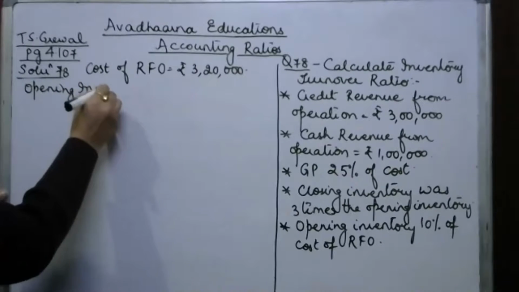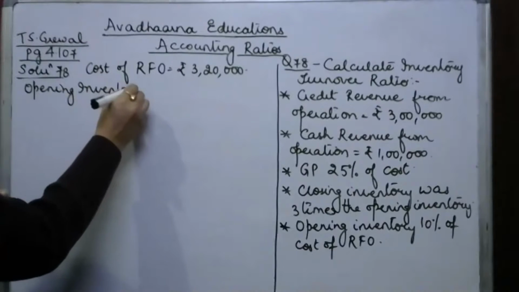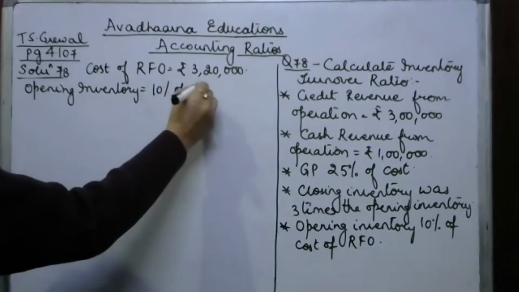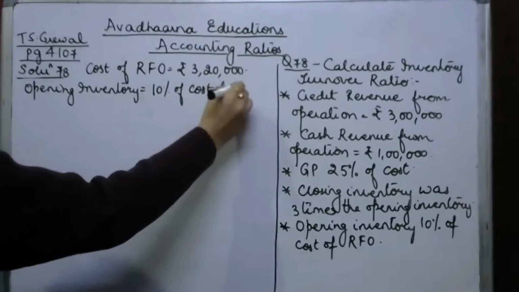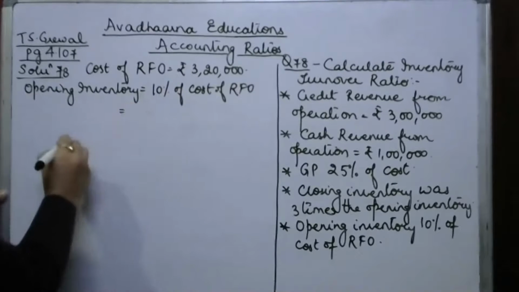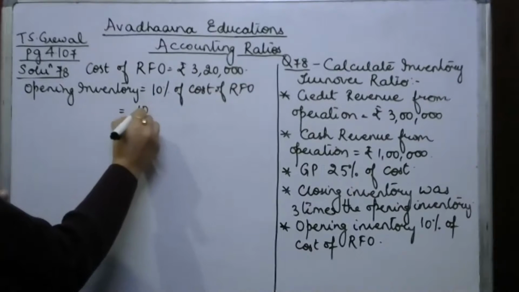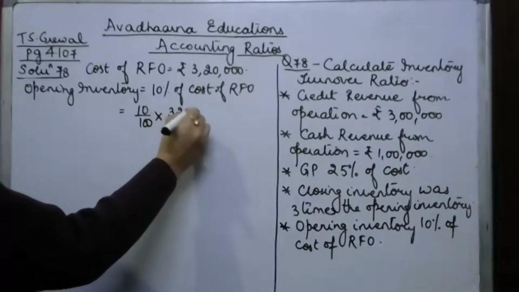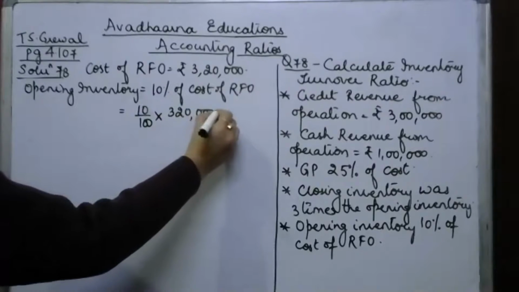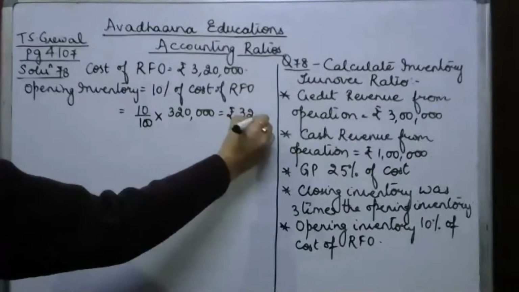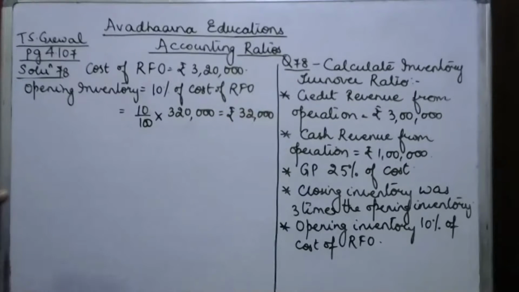Opening inventory is, as per the question, 10% of cost of revenue from operation, which is equal to 10% of 3,20,000, and this is nothing but 32,000. Fine. So your opening inventory is 32,000.